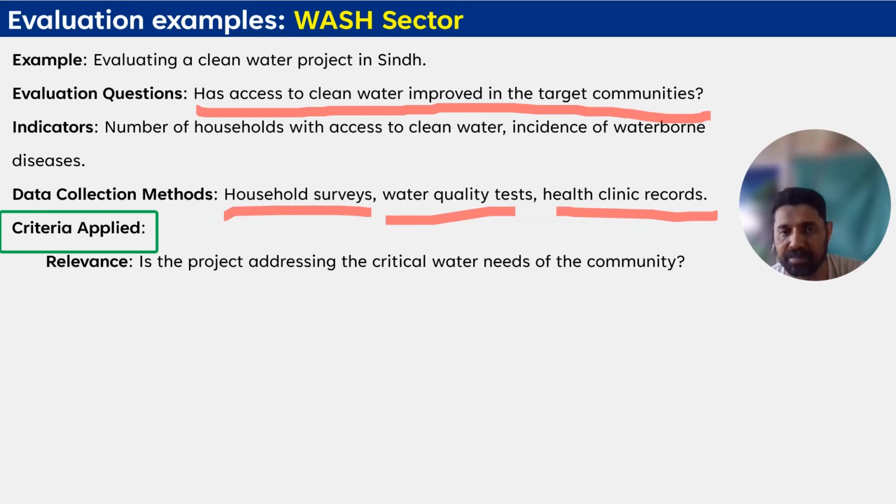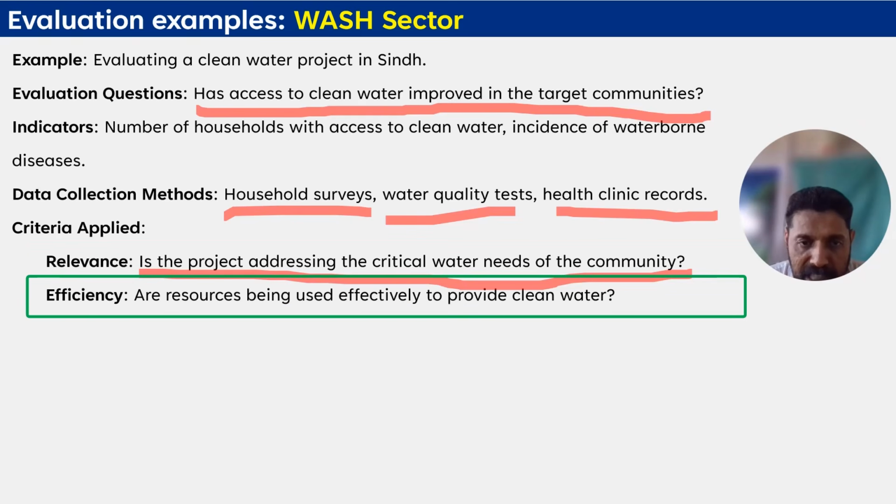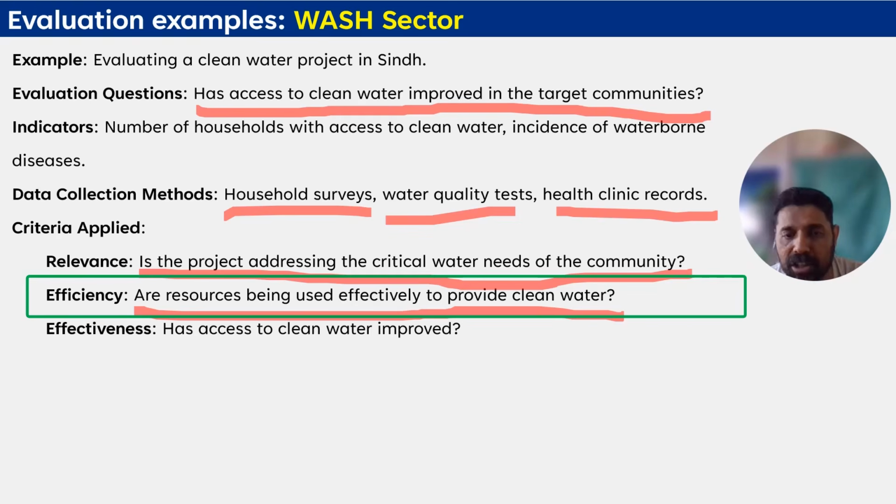Now the criteria are applied. Relevance: is the project addressing the critical water needs of the community? Whether there was actually a problem related to water in that community. Then for efficiency, are resources being used effectively to provide clean water?